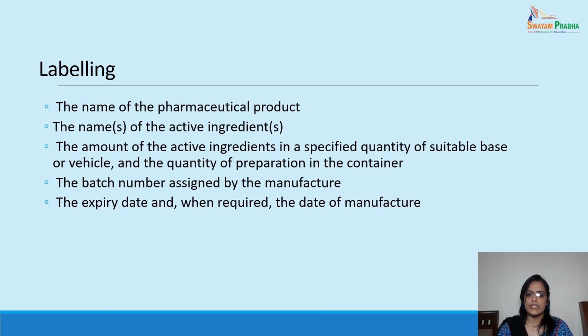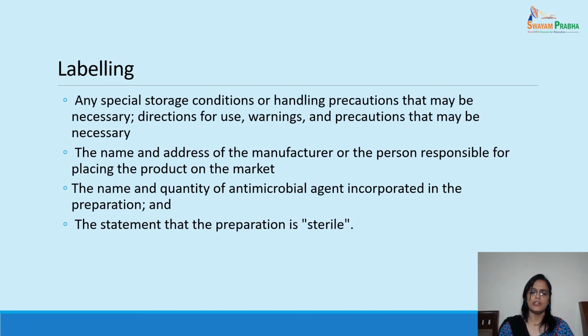The batch number, the expiry date, the manufacturing date and the manufacturer's address should also be mentioned. You already know what a label should contain for semi-solid dosage forms. Other labeling requirements are the storage condition, the name and address of the manufacturer, and the name and quantity of the antimicrobial agent used. You also have to mention on the label that the preparation is sterile.